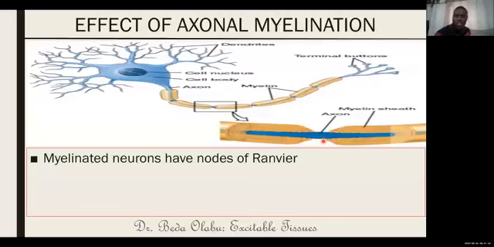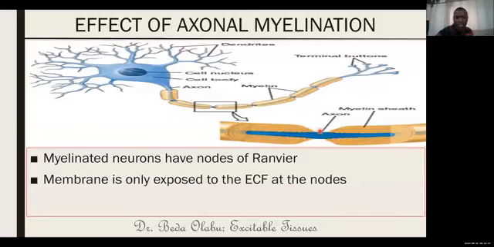Regions of nodes of Ranvier lack myelin covering. That means that regions where we have nodes of Ranvier are exposed to the extracellular fluid or the interstitial fluid. But regions covered by myelin sheath are not exposed to the extracellular fluid.